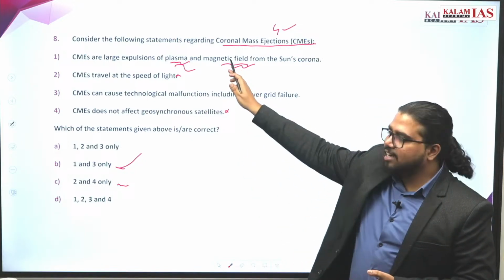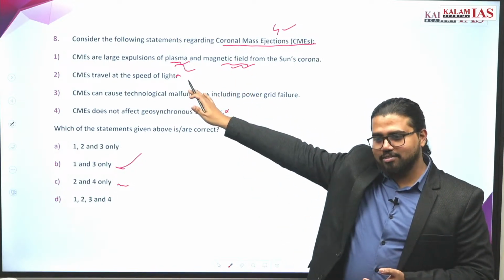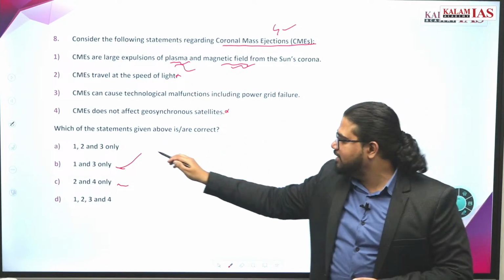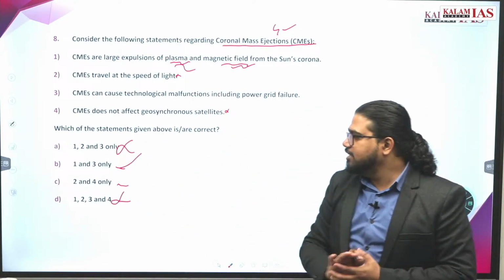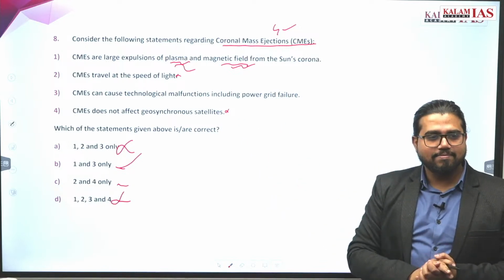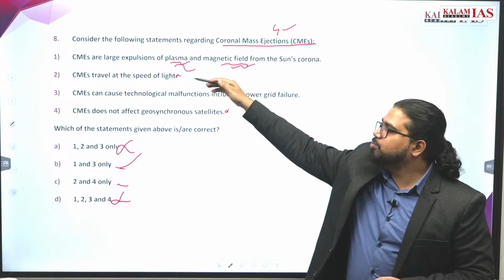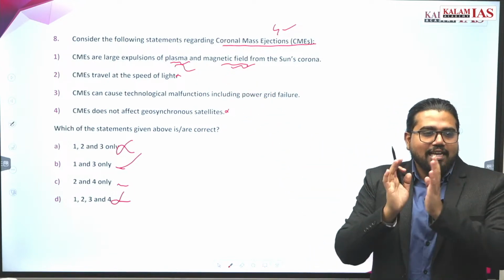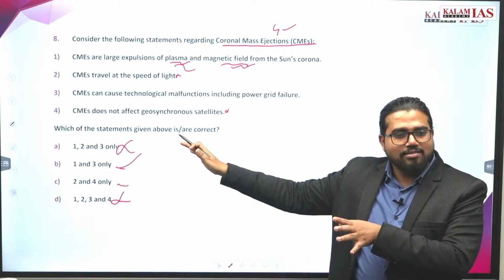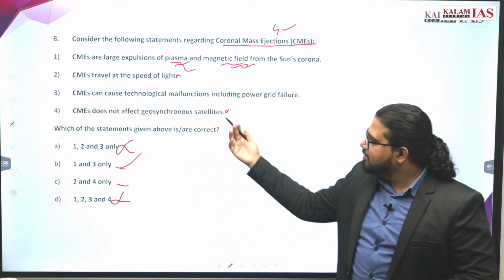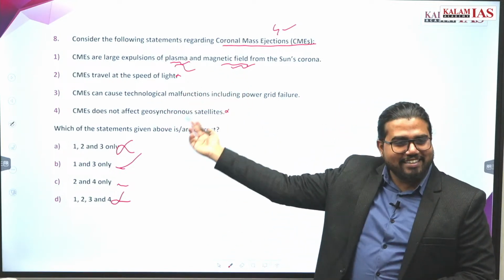So if one is right, two should be wrong. 1 and 2 both cannot be true. At least two things you can eliminate. At least one of them should be wrong. If you know exactly 2 is wrong, then you can cut it off.